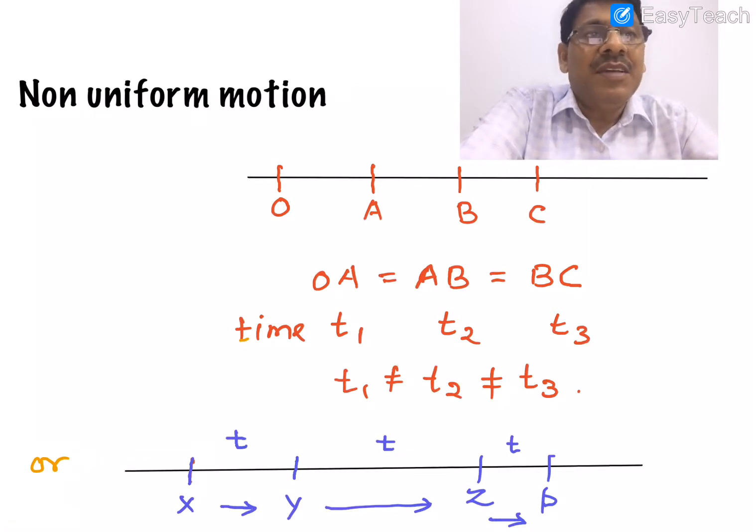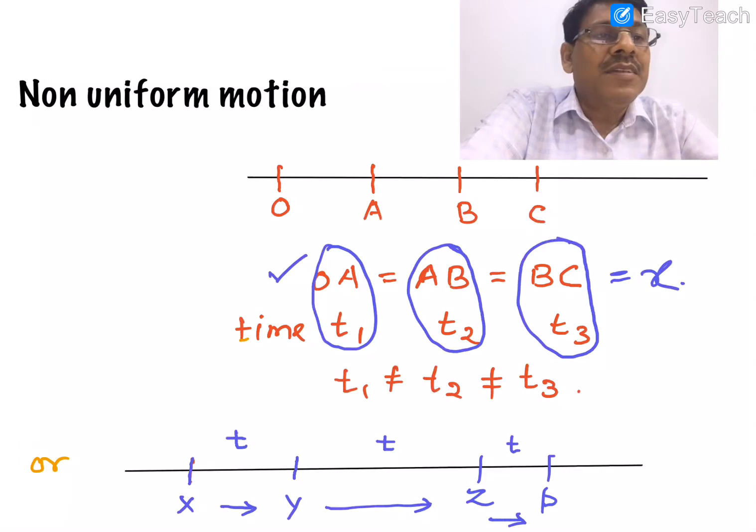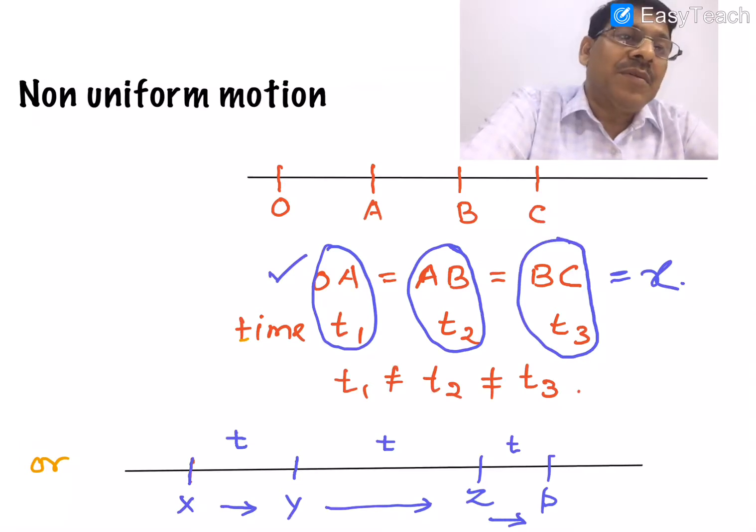OA is covered in T1 time interval, AB in T2 time interval, and BC the same distance traveled in T3 time interval.